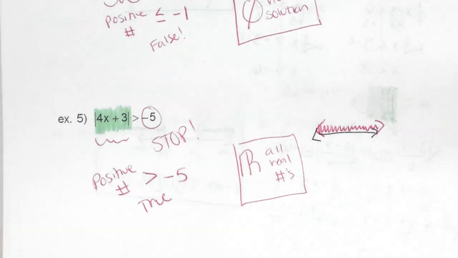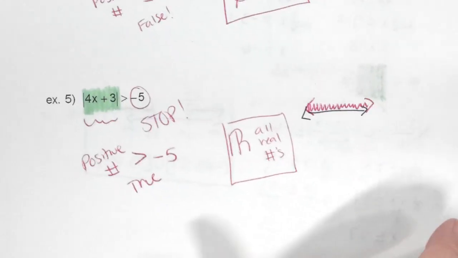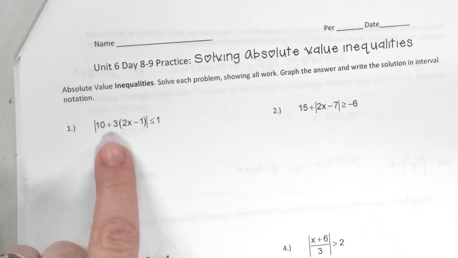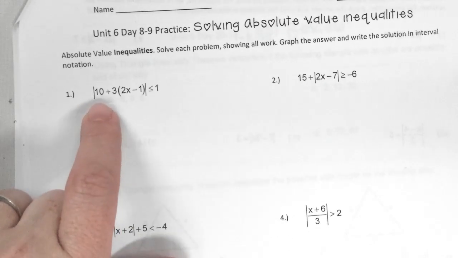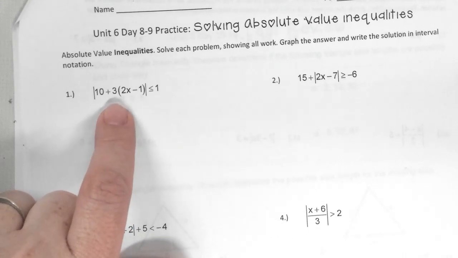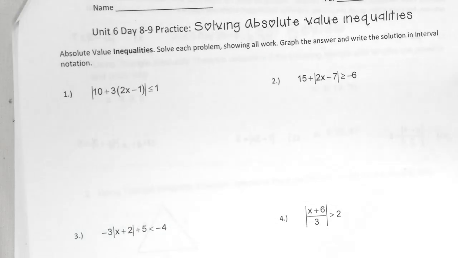Okay, there is a couple things on the practice I want to talk about before I let y'all go. It's not that bad. Look at number 1. Here, there's a lot to simplify inside the absolute value bars. Y'all, make your life easier. Simplify it before you break it apart. Yes? If you break it apart, then you have to simplify it twice. Do you really want to do that if you don't have to?